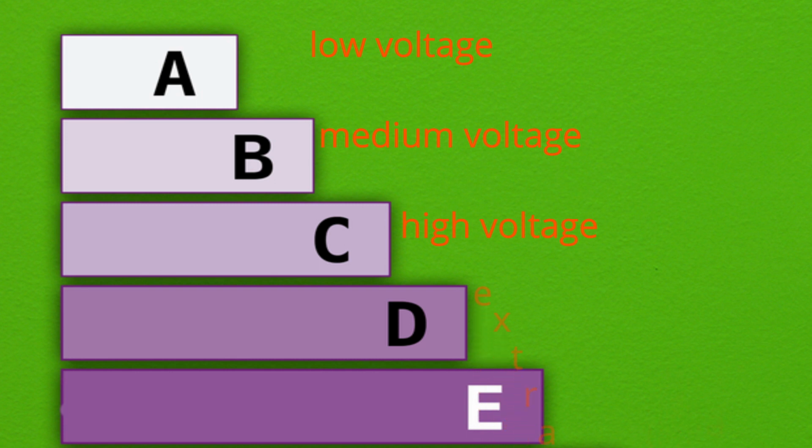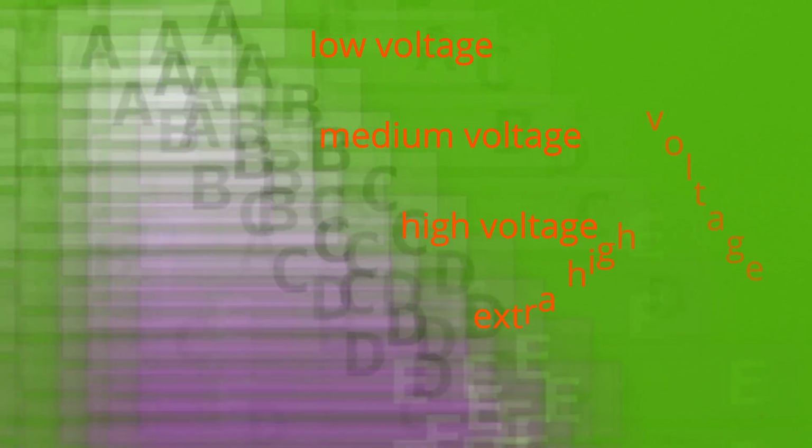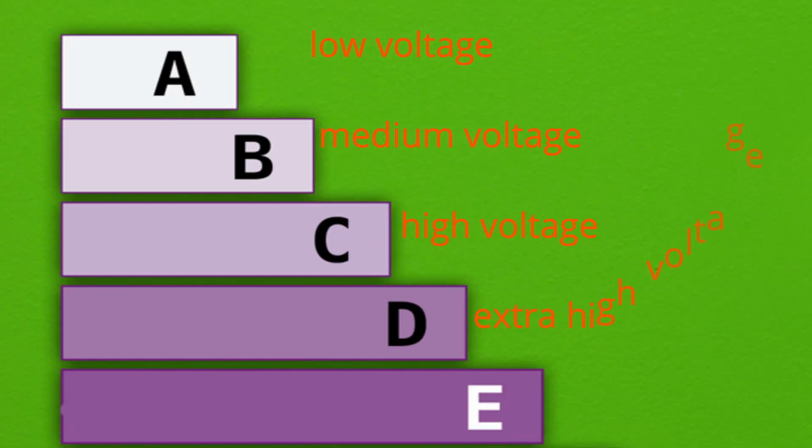The third classification is the high voltage grade cables, which are cables that can withstand up to 33 kV. We still have the extra high voltage grades, which are the cables that can withstand up to 66 kilovolts. And the last of them all is the pressurized cables.